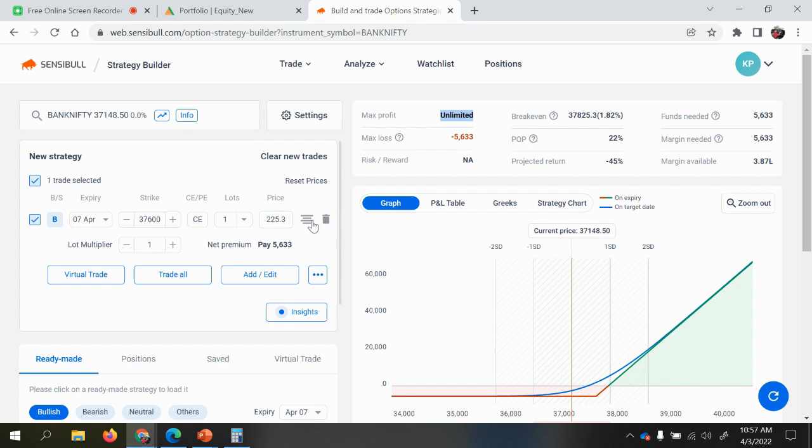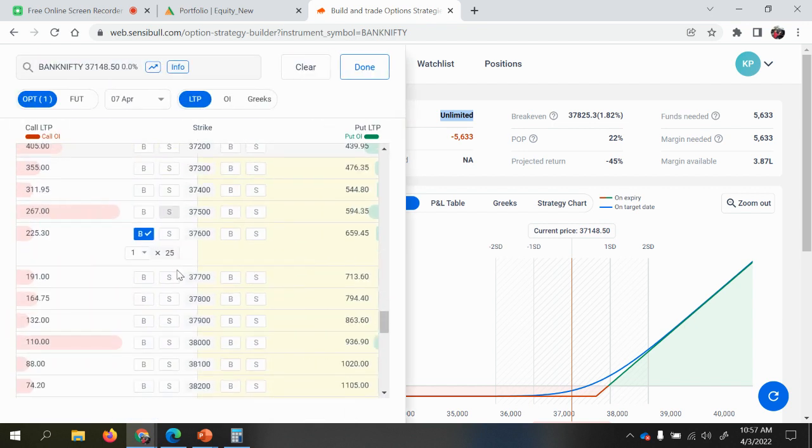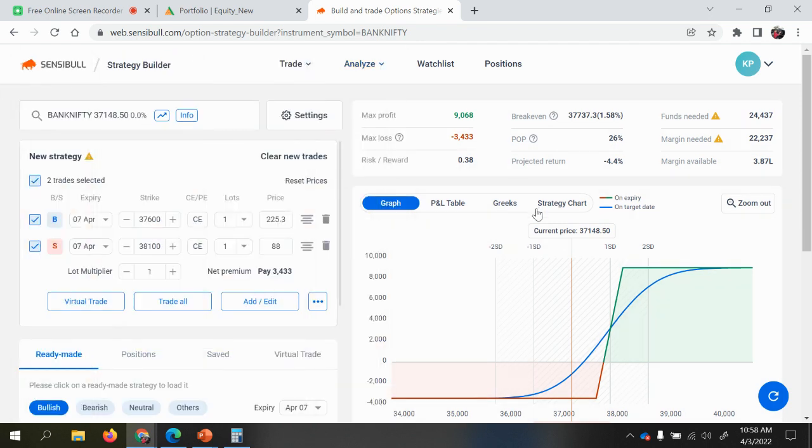Now let's say I want to go for only a selling position; I'll edit this. As I said, a debit spread is a combination of one buy and one sell. So let's say I'm selling 38,100. This is my debit spread. But let's say I'm just going with the naked sell.